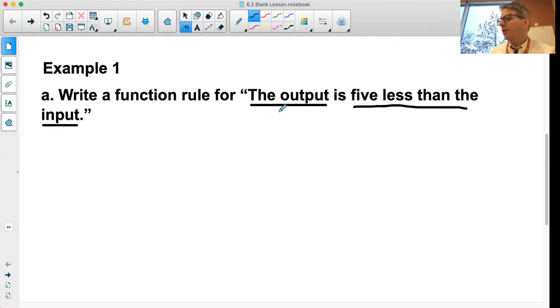So in other words, the output we're going to call y would be equal to 5 less than the input, x, the input, minus 5. 5 less than the input would be x minus 5. So the function rule is y equals x minus 5.